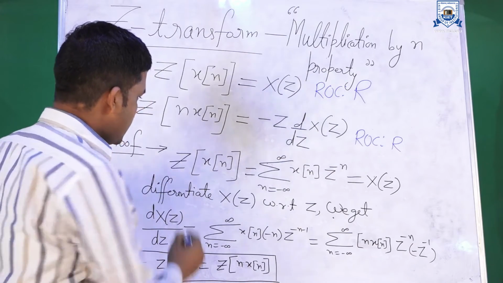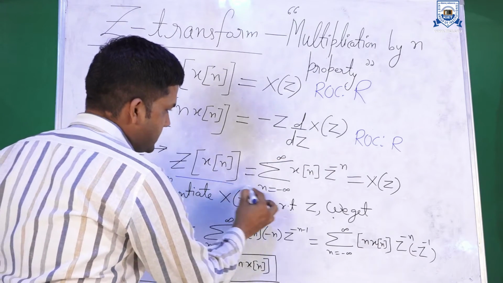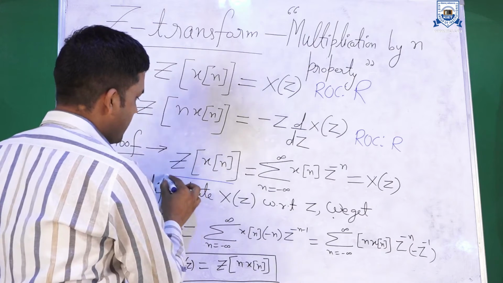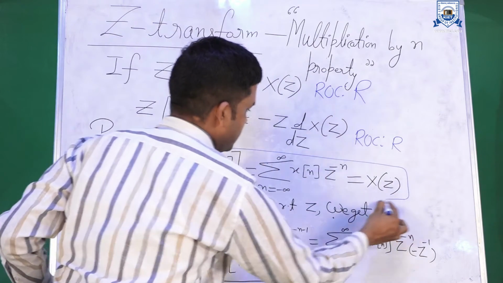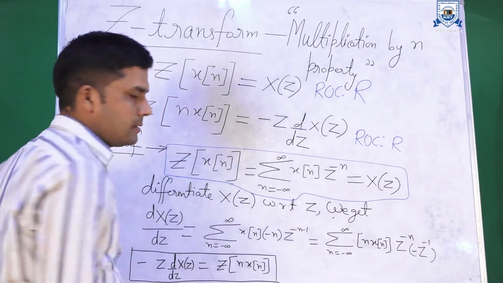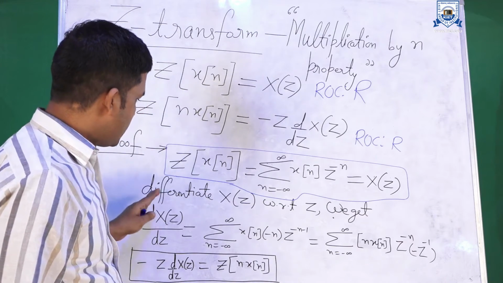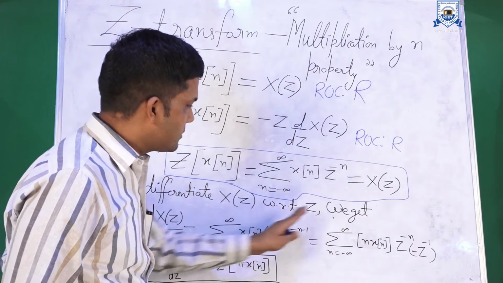If the z transform of x[n] is X(z), we differentiate X(z) with respect to z.